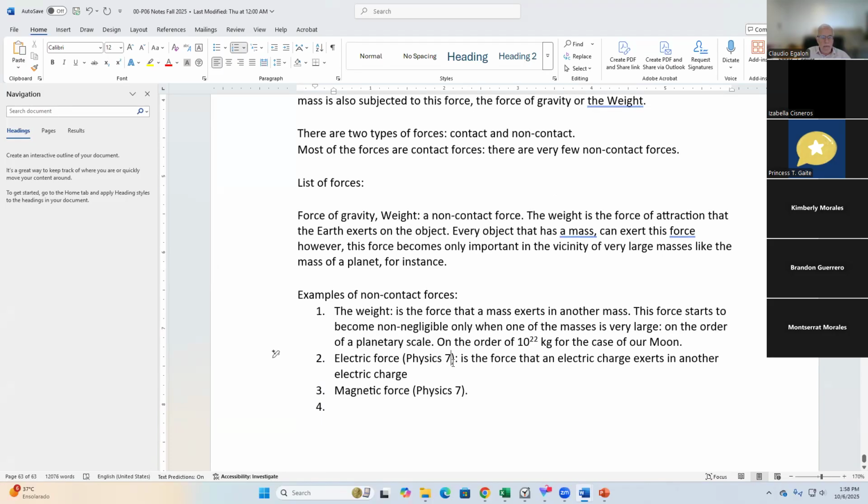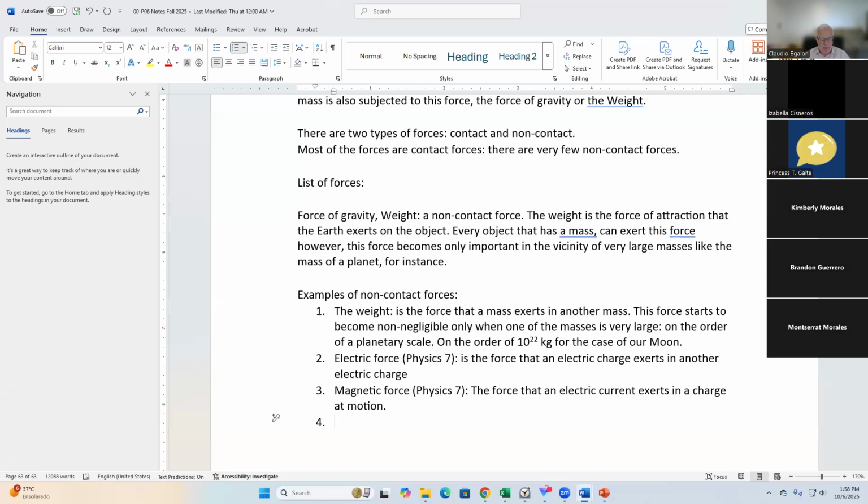Then we have the electric force, the force that an electric charge exerts on another electric charge. You have a magnetic force, Physics 7 as well. The force that an electric current exerts on a charge in motion.